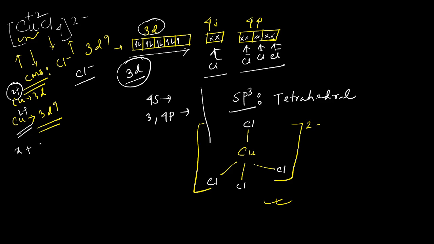There are 4 Cl and each Cl is minus 1, so the overall charge is minus 4, and that's why X becomes plus 2.